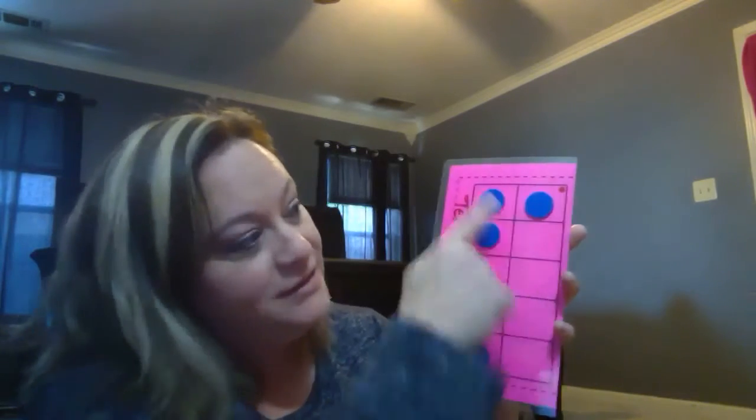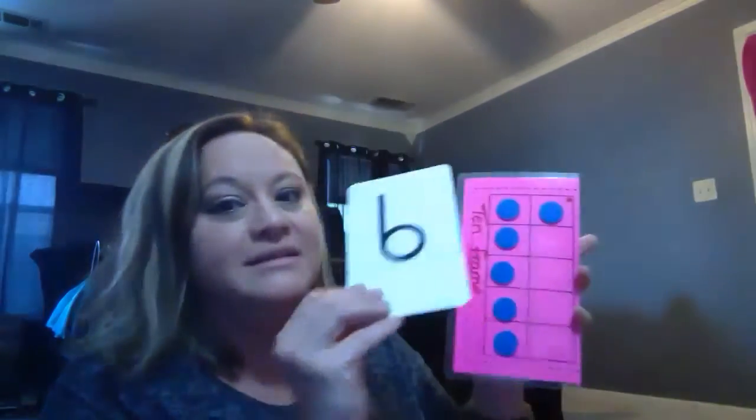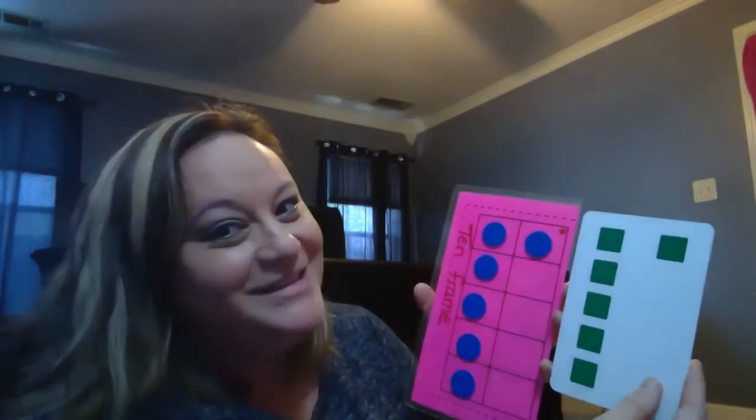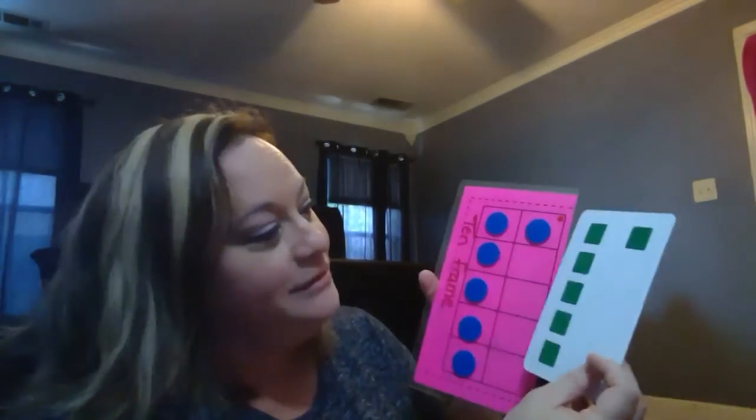So I know that's 5. And one more makes 6. So I shouldn't even have to count these. I know that's 5 all down there. So now let me look at this 6 and see. Does that look the same? Yes, it does. So my answer checked out.